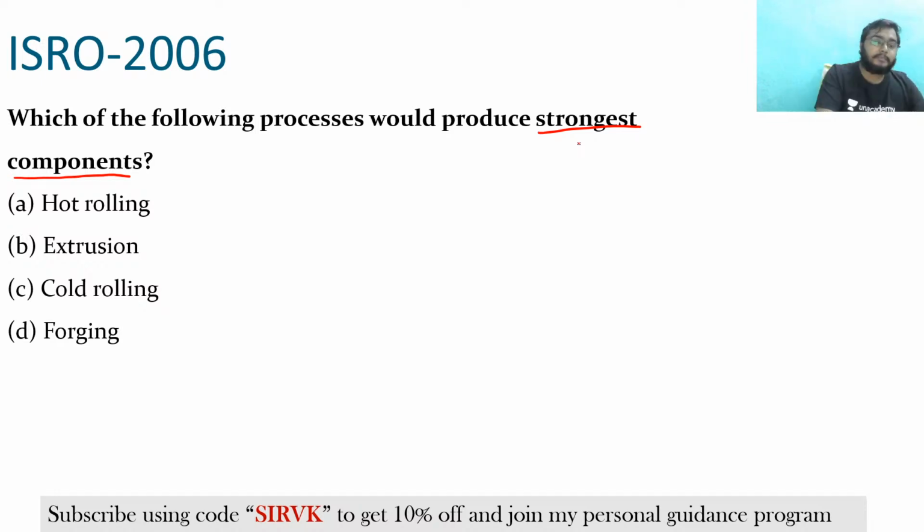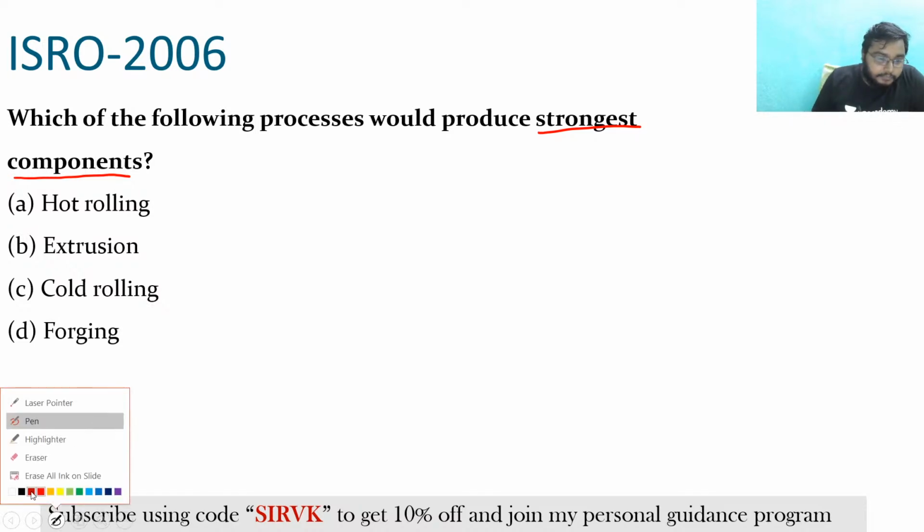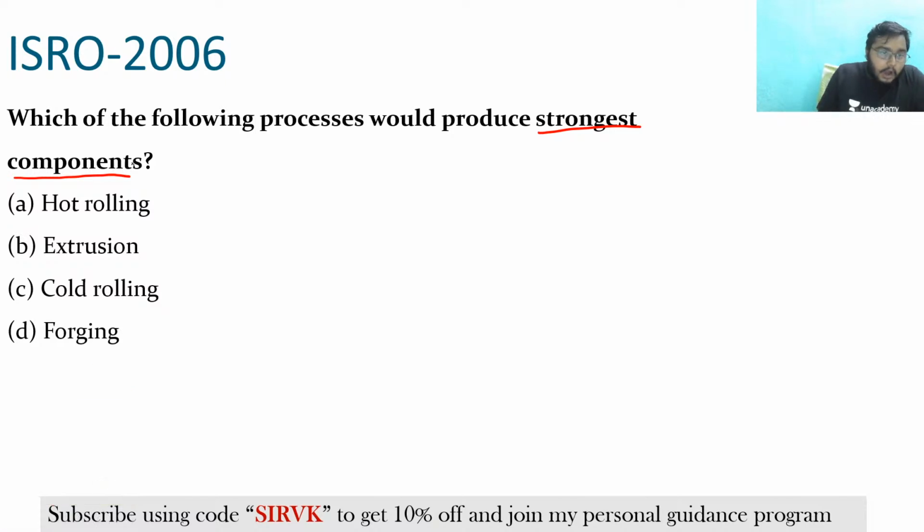Extrusion. Okay. See, if you could understand, hot rolling is a hot working process.